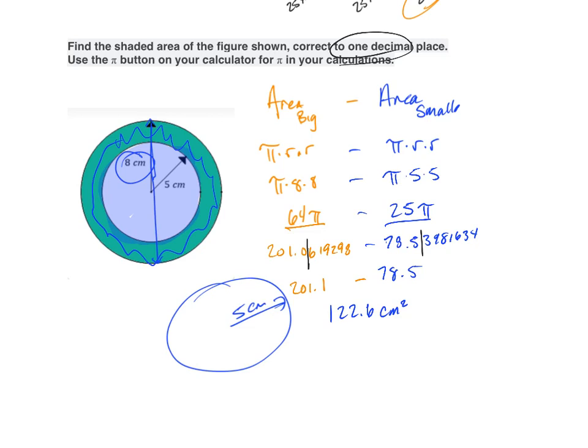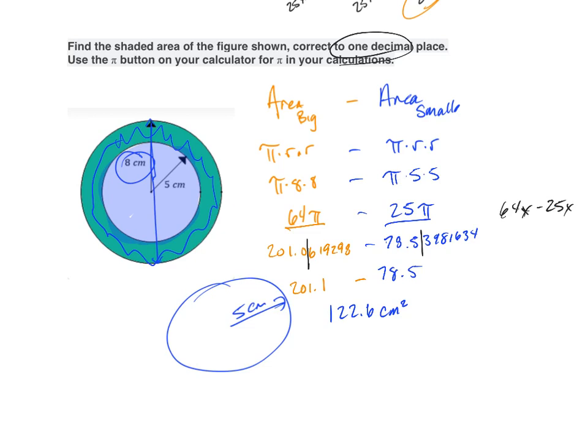I'm going to show you a shortcut. It's not a big shortcut, so if it goes over your head, don't sweat it. But guys, if we remember our algebra, if we say, well, what would 64x minus 25x be?